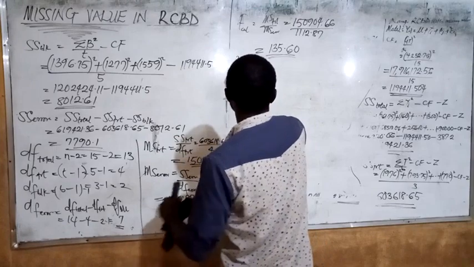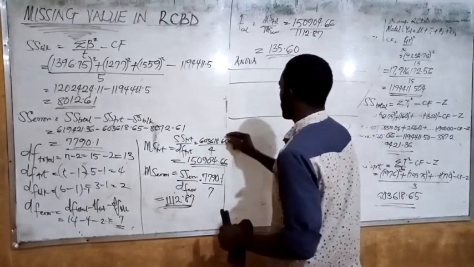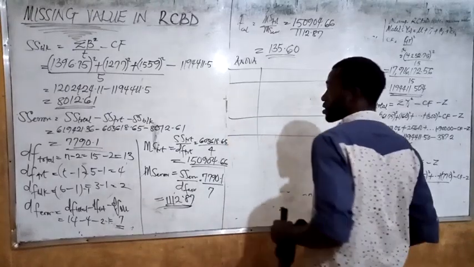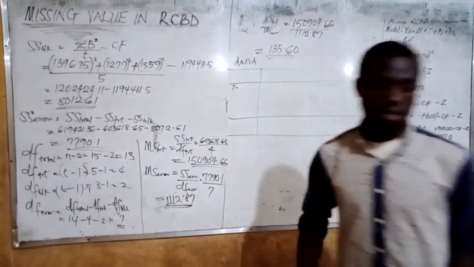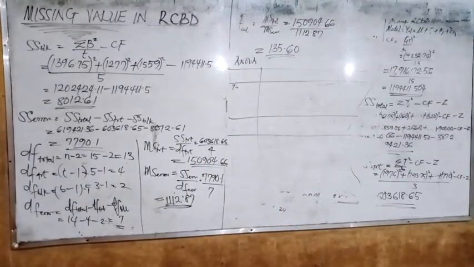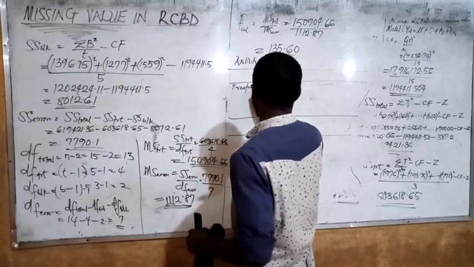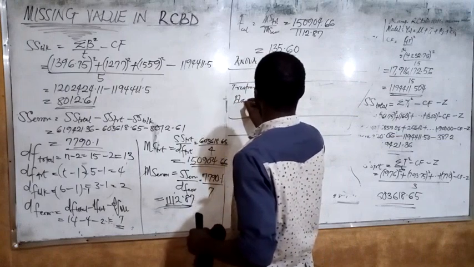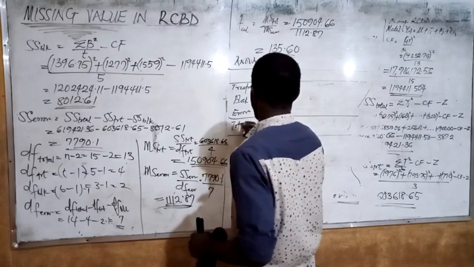So you can of course go and check for the F tab immediately. So we have treatment, block and error, then we have total.